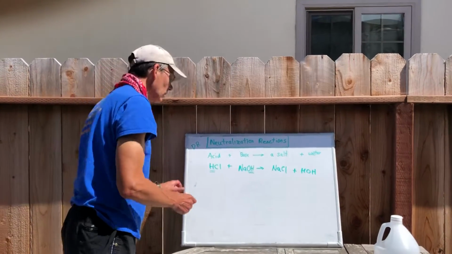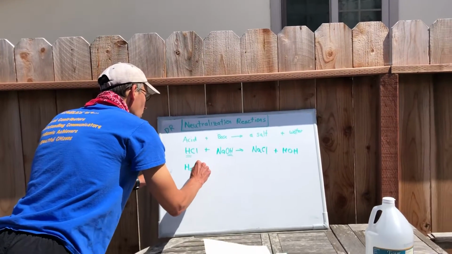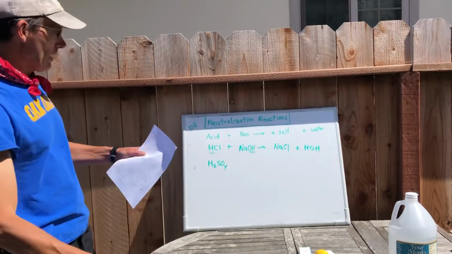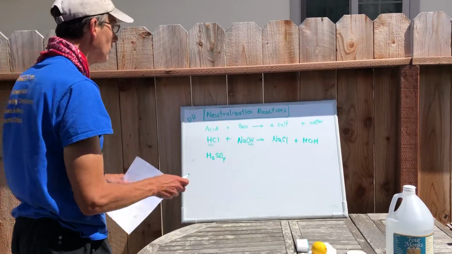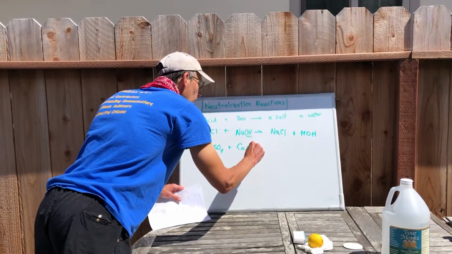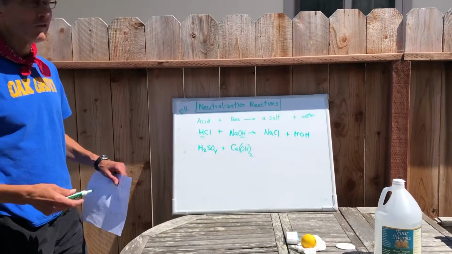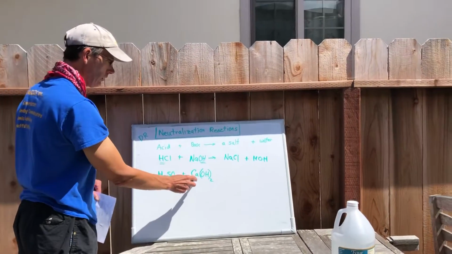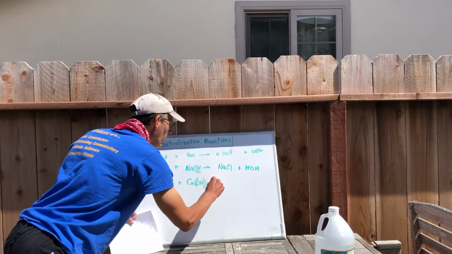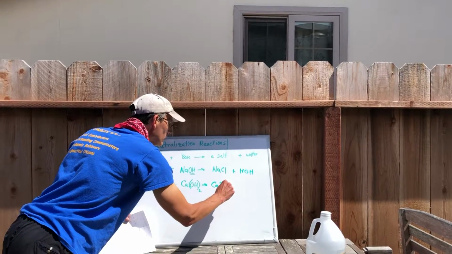So let's try another one. Let's try sulfuric acid, H2SO4, and we're going to combine that with calcium hydroxide. Once again, we're going to take the positive ion over here, combine it with a negative ion over here, and we get calcium sulfate.